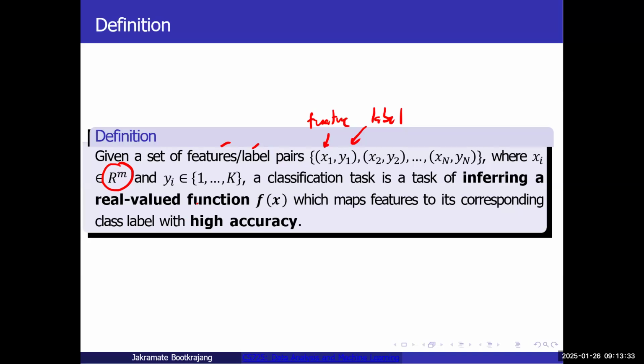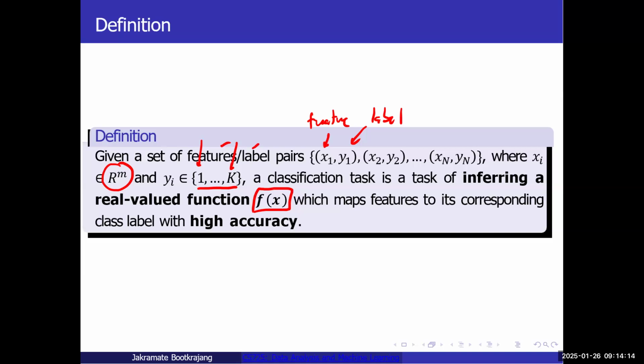For Y, we would have a number associated with the class, so we have class 1 to class K. A classification task is to infer a real-valued function, f(x), that maps the feature to its corresponding label with high accuracy. So the task is not just finding a function, but finding a function that has high accuracy.